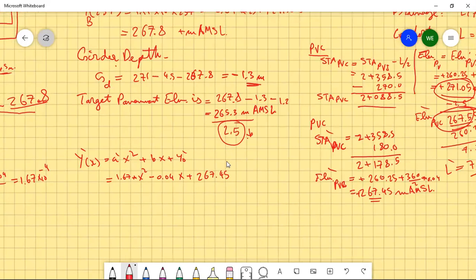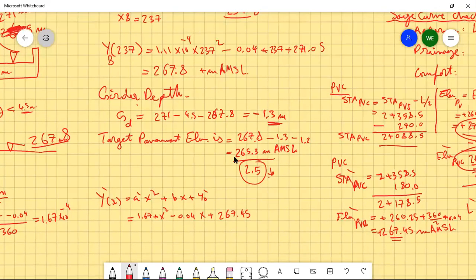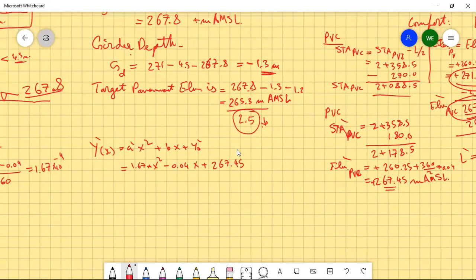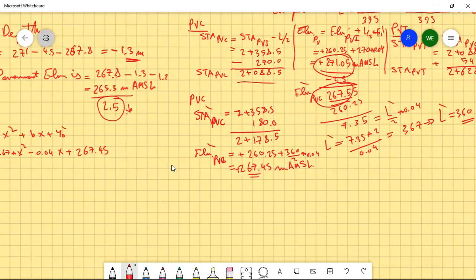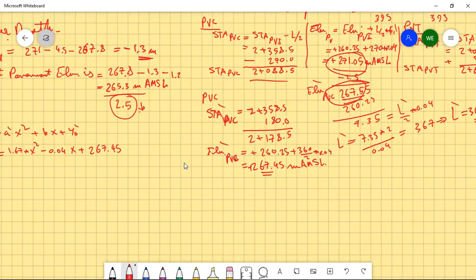So we need now to calculate the new elevation underneath the bridge. So y dash for B, we need to calculate the new x for the bridge, because now the new station for the beginning of the curve has changed, as you can see here.